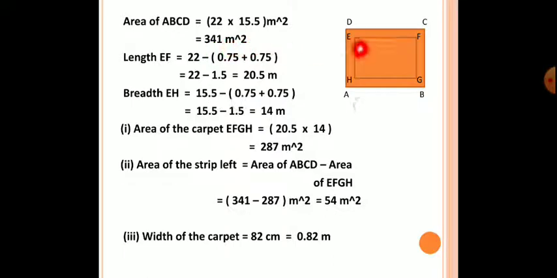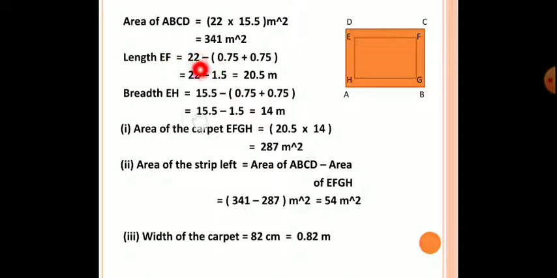Similarly, we can also find the length and breadth of this carpet, right? So length, how much will this EF be? From the total AB, if I deduct the width of the carpet from both sides, that is 0.75 plus 0.75, we will get EF.